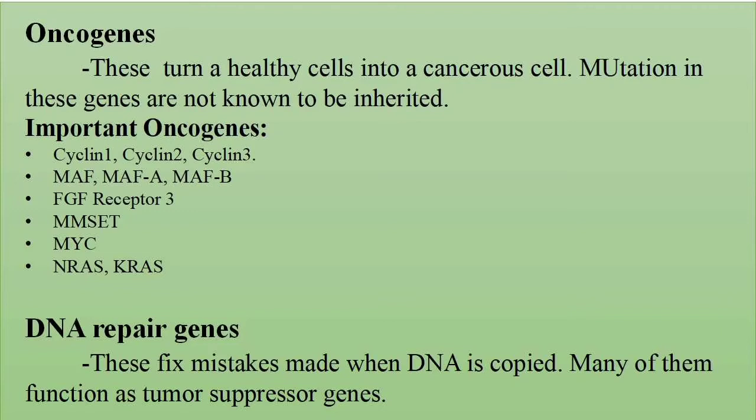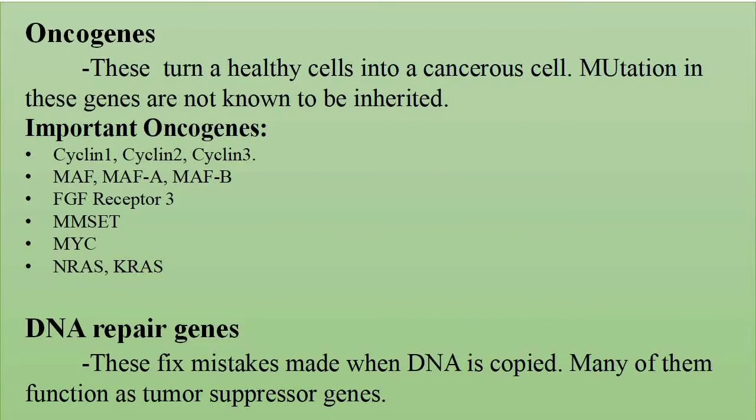Important oncogenes in myeloma are cyclin D1, cyclin D2, cyclin D3, MAF, MAF-A, and MAF-B, FGF receptor 3, MMSET, MEK, NRAS, and KRAS. These genes are located at the chromosome translocations. Oncogenes can transform normal cells into cancerous ones.